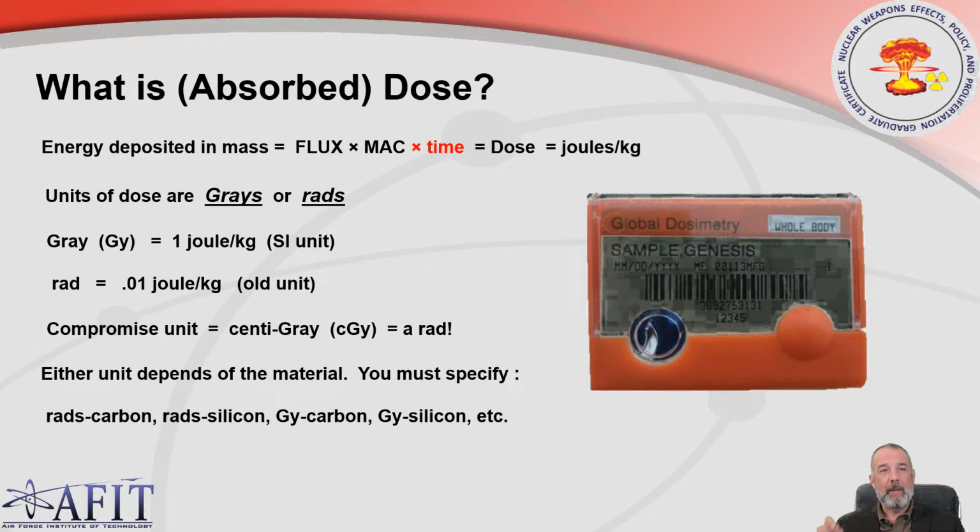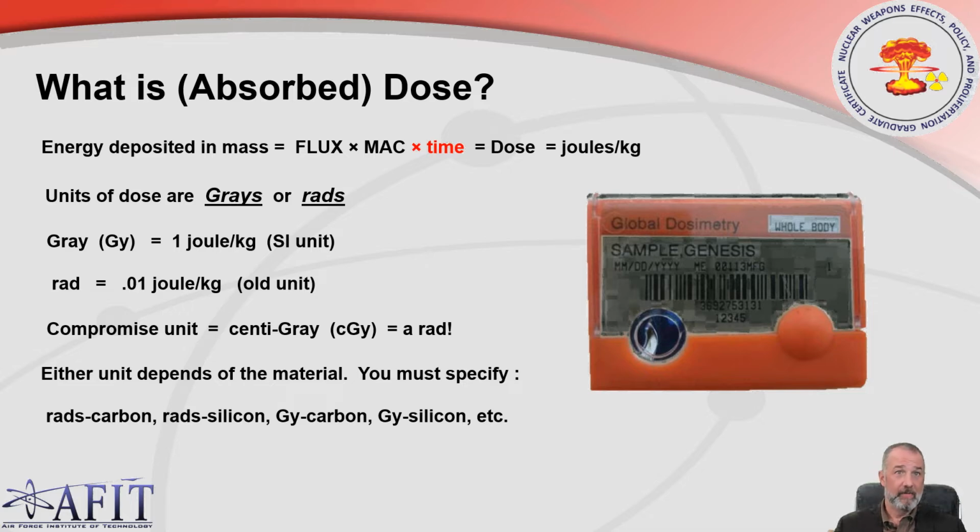Now, when people talk, especially with regards to nuclear weapon effects, when they talk about dose and they say rads, make sure to be specific about dose to what. So if you're talking about radiation on electronics, solid state electronics, you're usually talking about radiation into silicon.